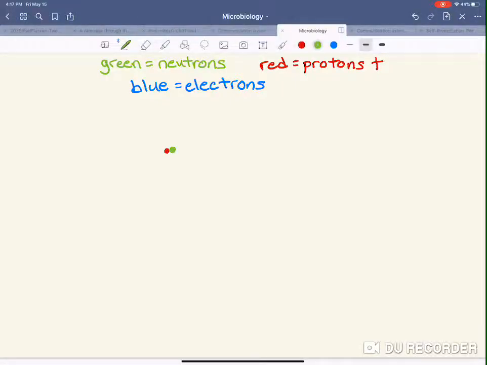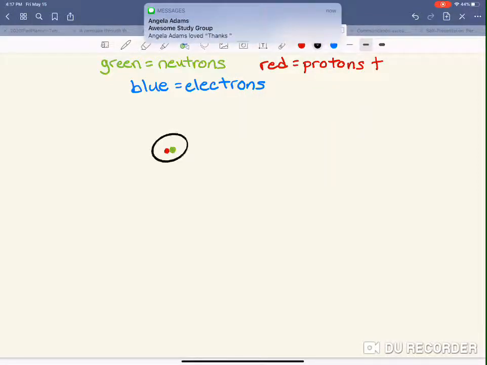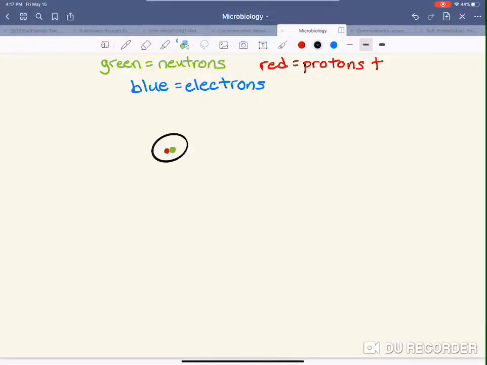Okay. And then here, we're going to go ahead and draw a shell. Now for hydrogen, this is going to be the first shell, but it's also going to be the valence shell because it is the outer shell for hydrogen because there's only 1 electron, okay?